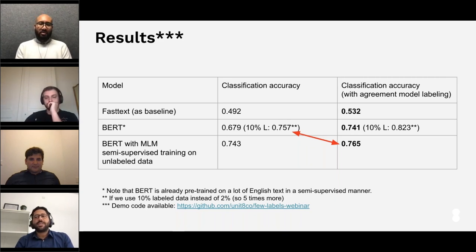While if you use still 2% of the data, which is 5 times less, but combine your semi-supervised techniques, which in this case is MLM training and using this agreement model, you're better. So you're about 76.5%, which means you could get better results with less data. And this is quite a nice message for business use cases.